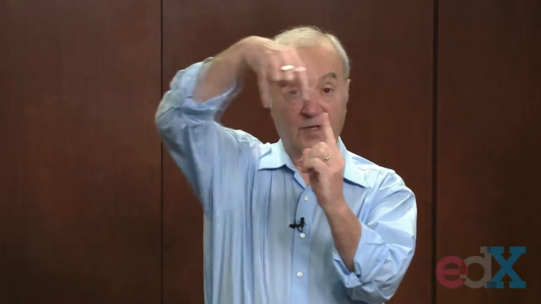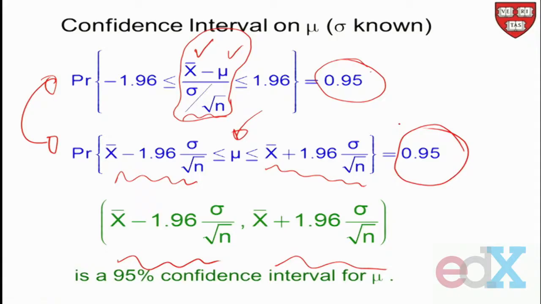This interval is going to vary from sample to sample. 95% of the time it will cover mu. 5% of the time it'll miss it, but 95% of the time it'll cover mu. That is called a confidence interval. So we're 95% sure that this interval will cover mu.